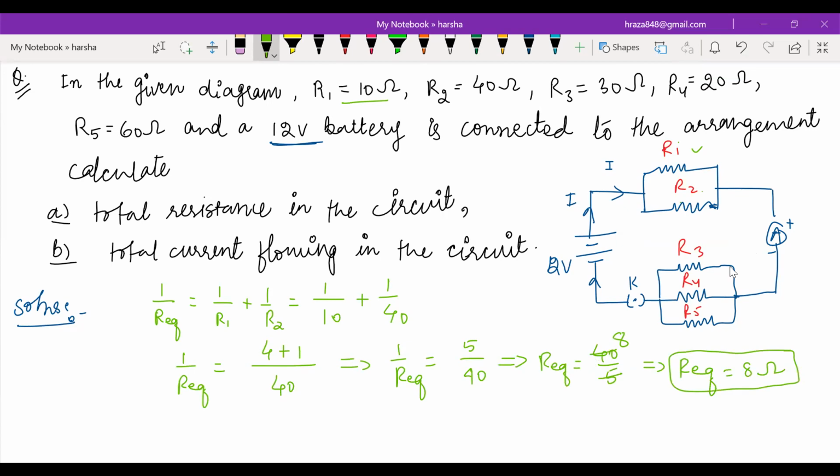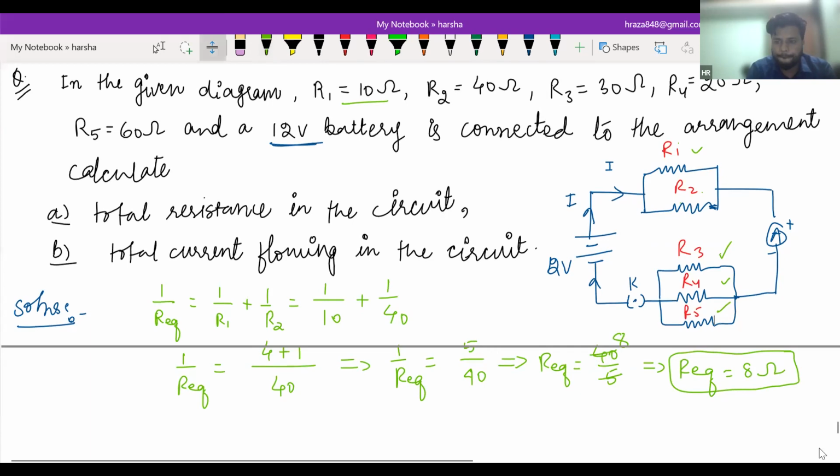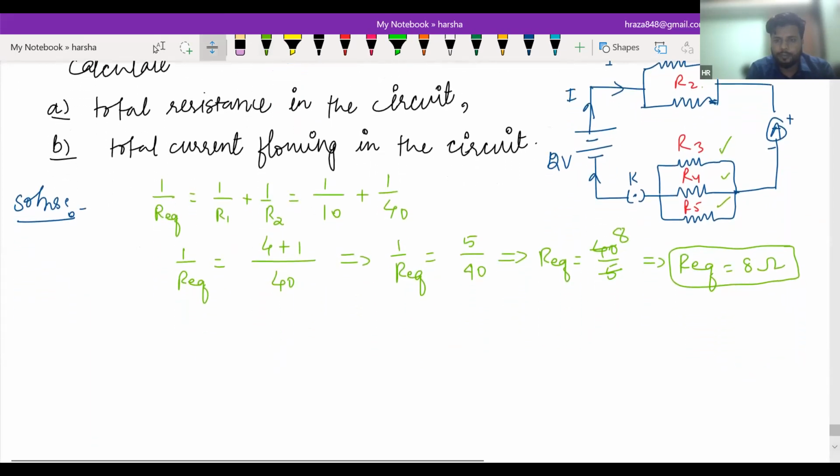Now we are going to find this in a separate way. R3, R4, R5 are in series or parallel? Abdullah, R3, R4, R5 are in series or in parallel combination?